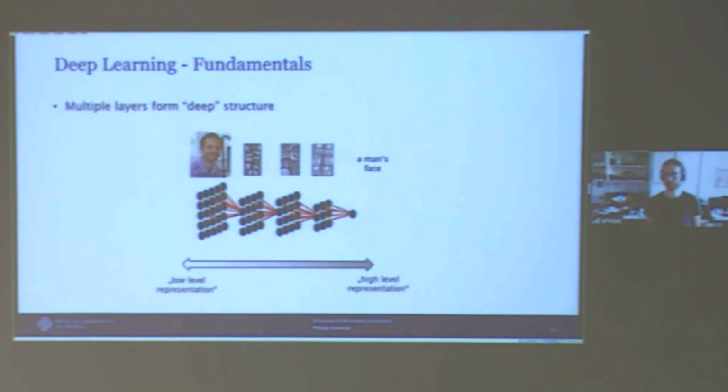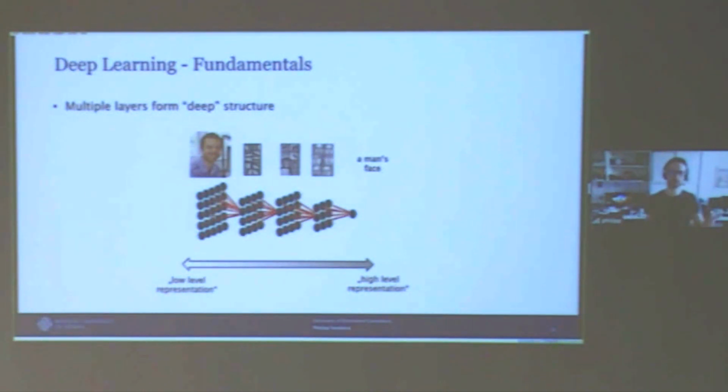So what is now the difference to these classical neural networks that were introduced before? The basic difference is that instead of this shallow structure, you have a lot of layers, and each of these layers adds just a little amount of complexity to the whole network. But in total, the learned representation is quite powerful.